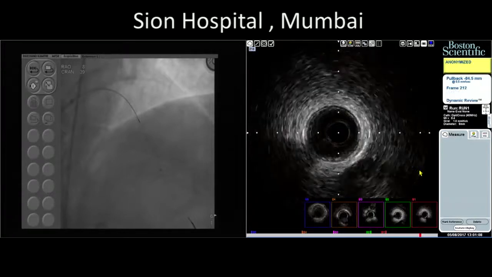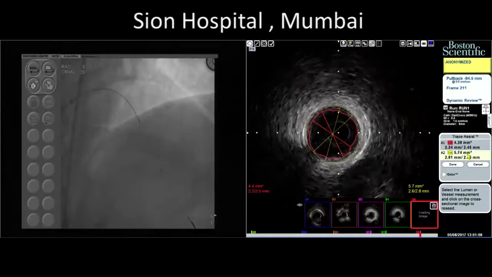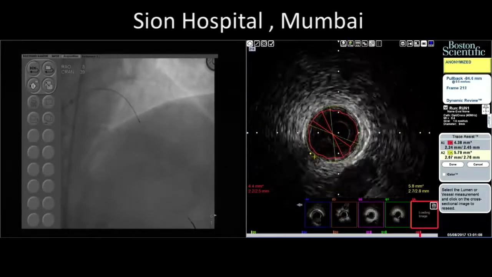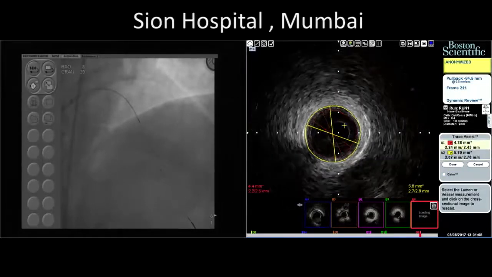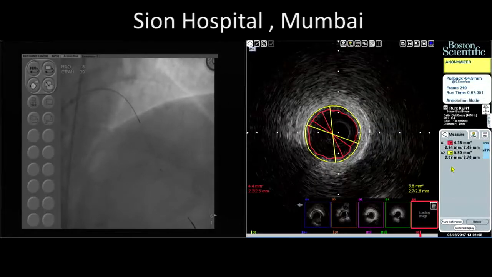Okay, put a 2.75. And the proximal portion we will dilate with the 3.5 maybe. Miras 2.75 by 29. So we have the Miras 2.75 by 29.